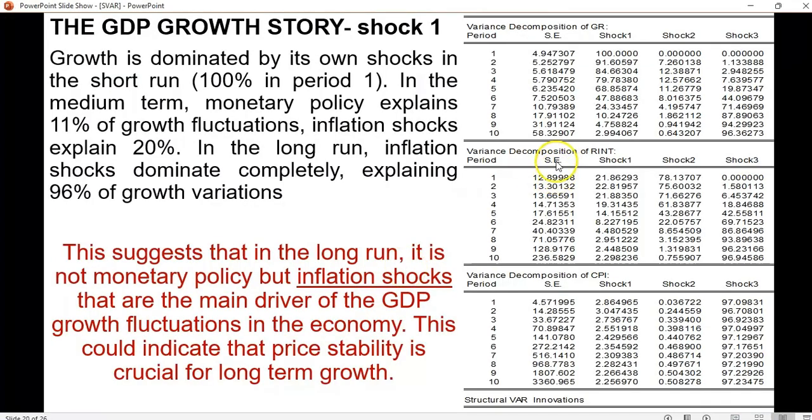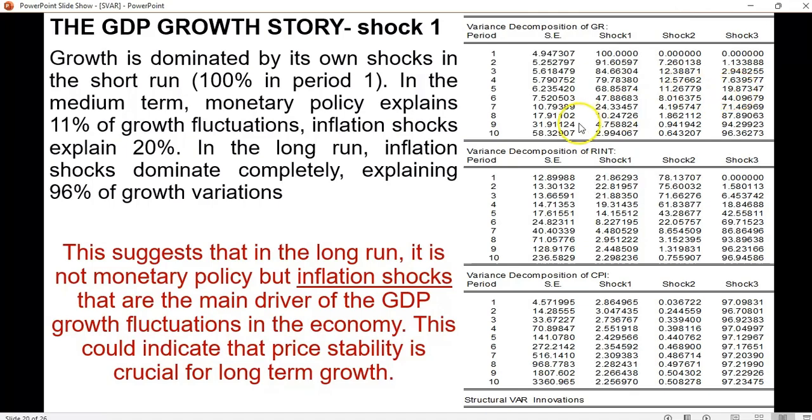Here to the right of it, you see the structural variance decomposition concerning the GDP growth story, shock 1. Then you see that growth is dominated by its own shocks in the short run. And then in the medium term, monetary policy explains 11% of growth fluctuations, while inflation shock explains 20%.